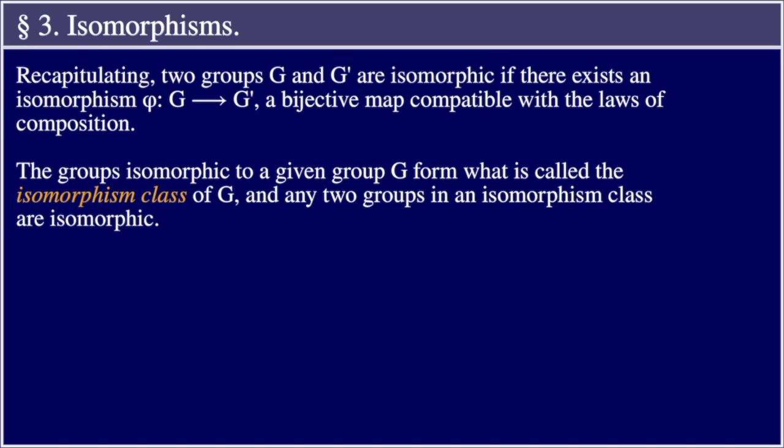Recapitulating, two groups G and G prime are isomorphic if there exists an isomorphism phi mapping G to G prime, a bijective map compatible with the laws of composition. The groups isomorphic to a given group G form what is called the isomorphism class of G, and any two groups in an isomorphism class are isomorphic.